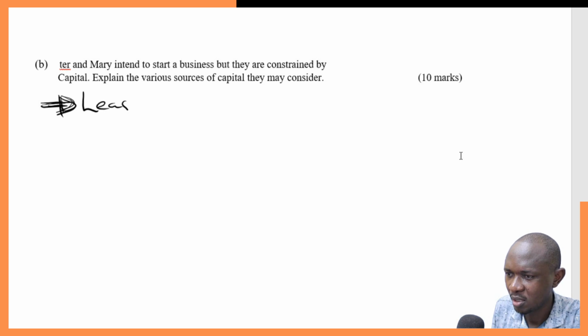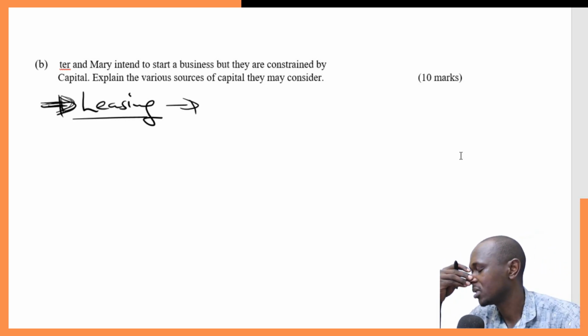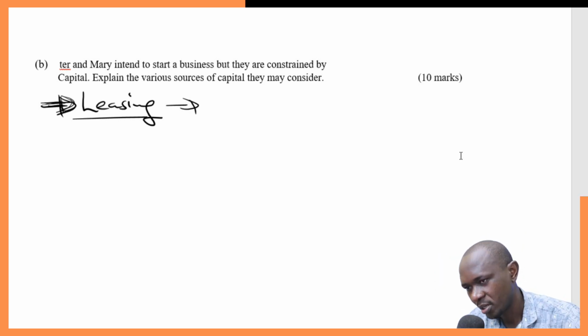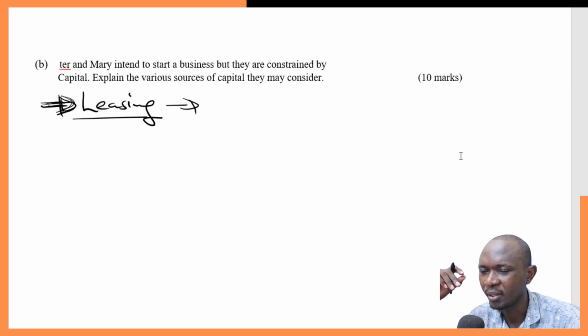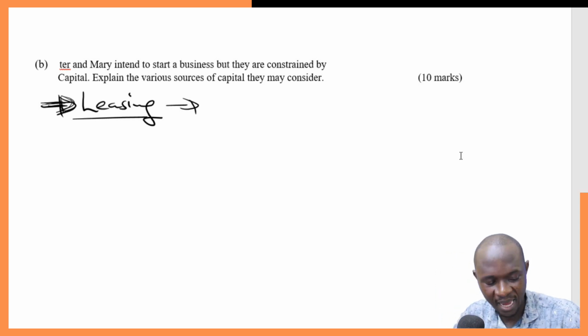Number 1, leasing. Instead of maybe coming up with their own buildings, apartment, they can simply lease. Leasing is using other people's property. Then of course you pay on a monthly basis, or as per the agreement.